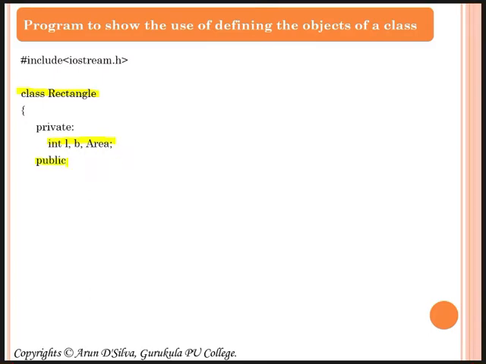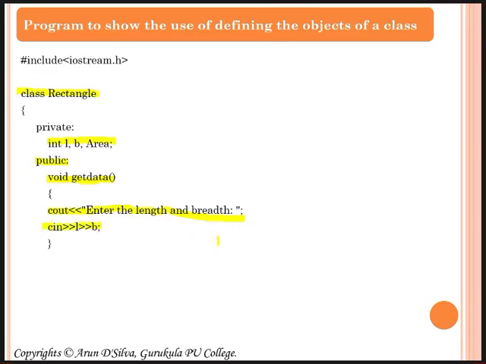In the public section I have created the first member function, void get data, which specifies a message on screen, enter the length and breadth, and using the console input statement reads data from the keyboard and stores it in the variables L and B.